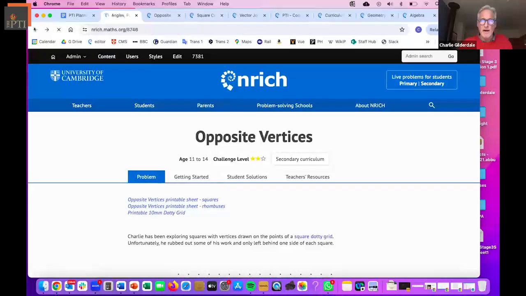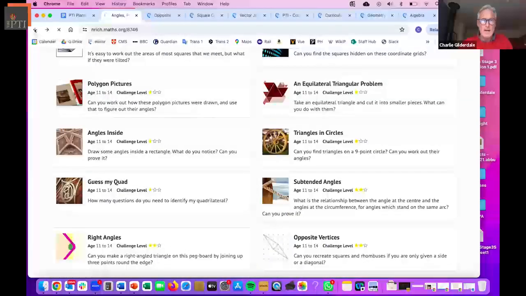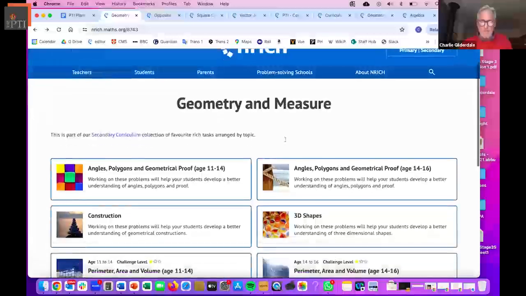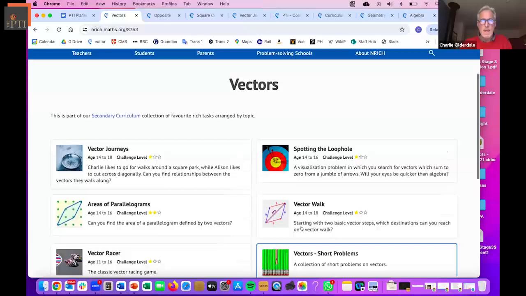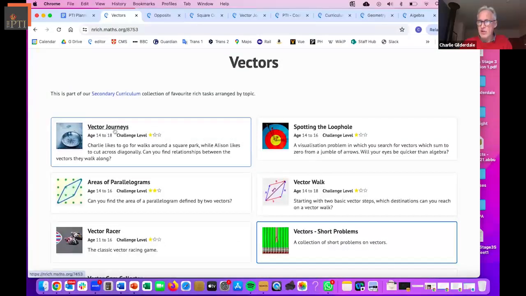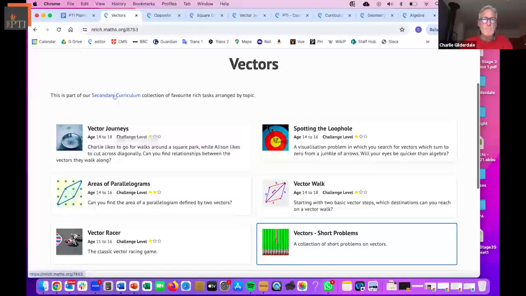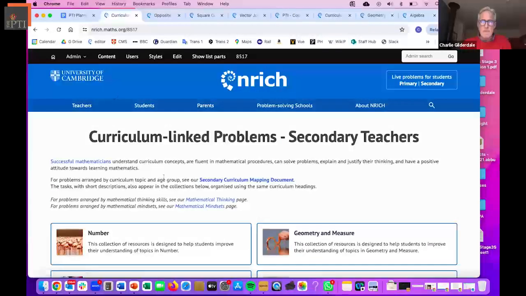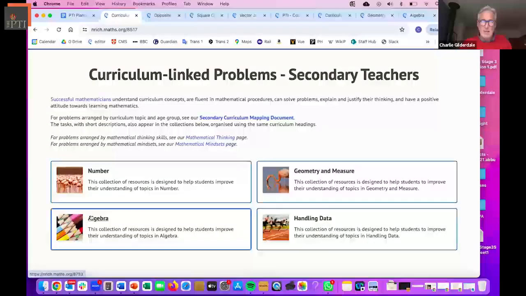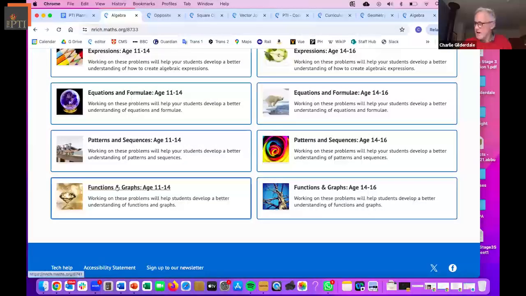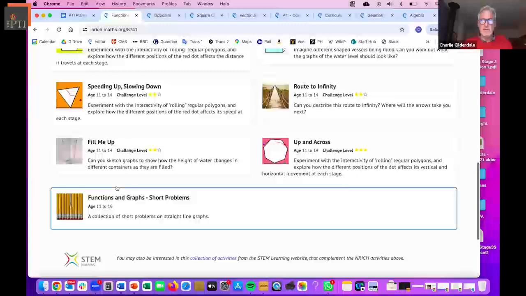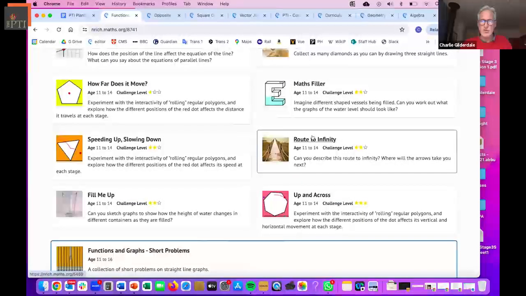We can also find in geometry and measures a section on vectors, and here's where you can find vector journeys. But in the secondary curriculum, there's also a section on algebra, and if you go to functions and graphs, you can find problems like root to infinity, which Alison showed you as well.